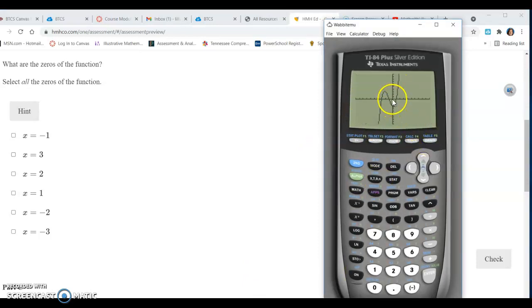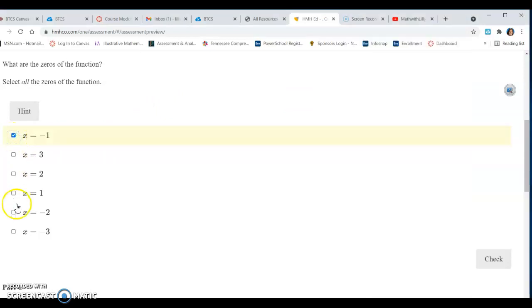I think it's easy to see that it's negative 3, negative 1, and positive 1. So negative 3, negative 1, and positive 1 are my three zeros.